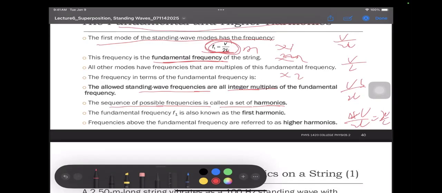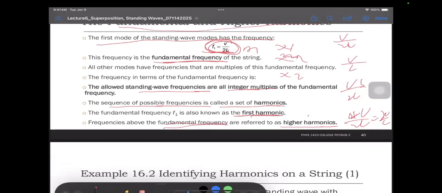The fundamental frequency f_1 is also known as the first harmonic. Frequencies above the fundamental frequency are referred to as higher harmonics. The higher harmonics are always related to the fundamental frequency, they are just multiples of the fundamental frequency.